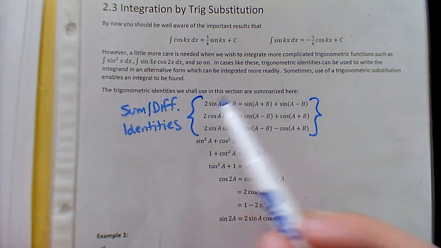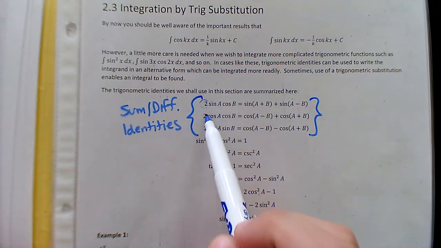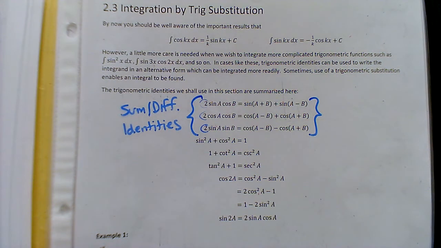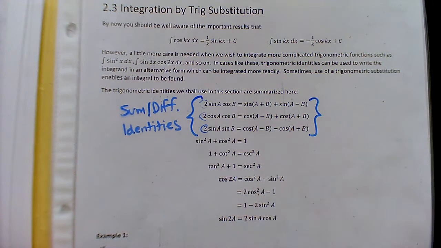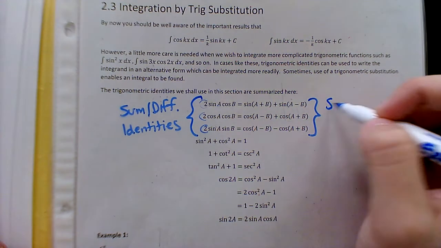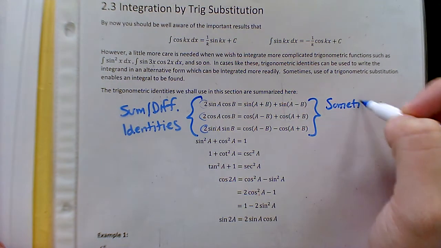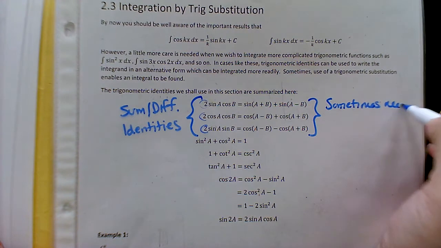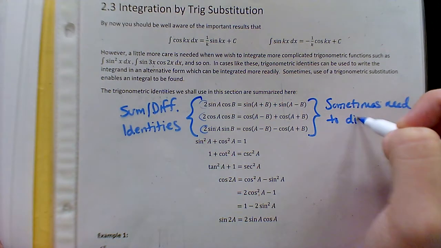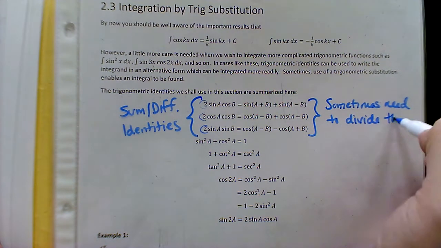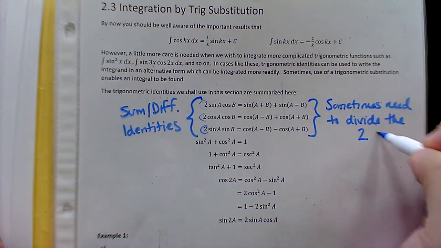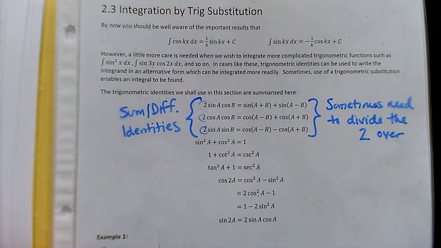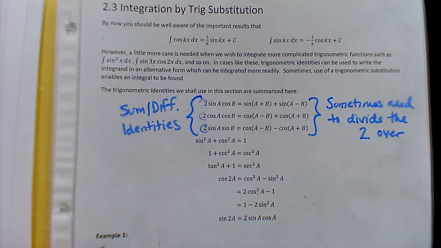Sometimes when we're given an integral, it might not include this 2 out front, that coefficient, so sometimes we might have to divide the 2 over. We'll see that today, but just making a note.